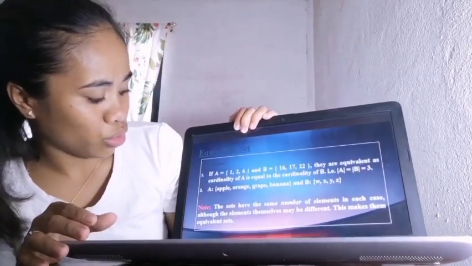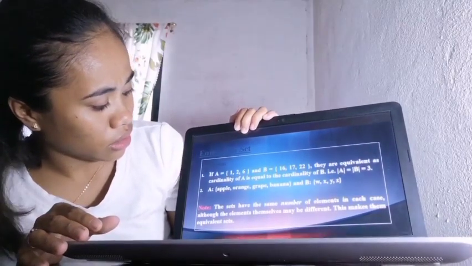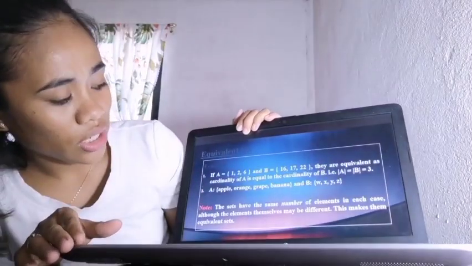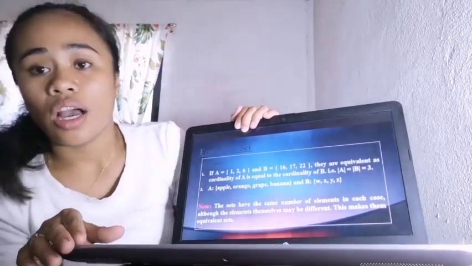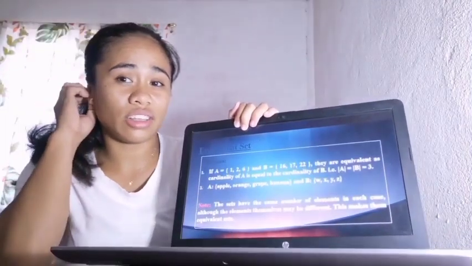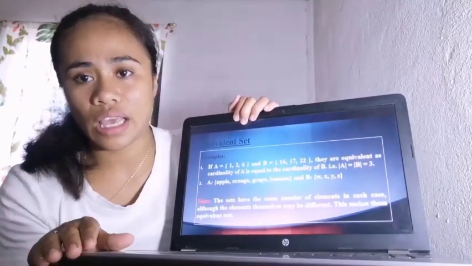So example number 2, set A represents apple, orange, grape, and banana, and set B is W, X, Y, Z. They are different in what they represent, but again, they have the same cardinality.